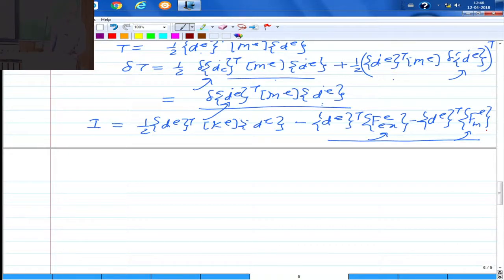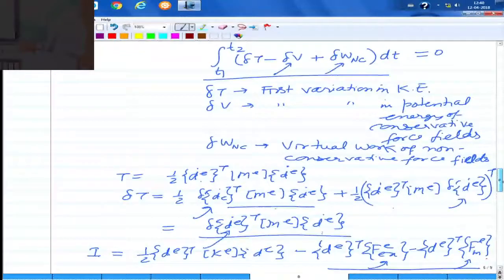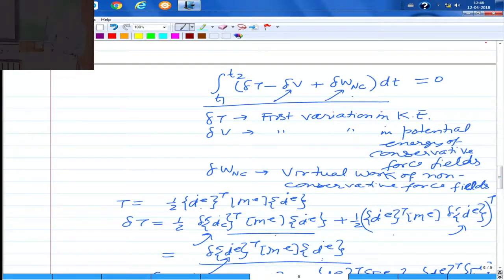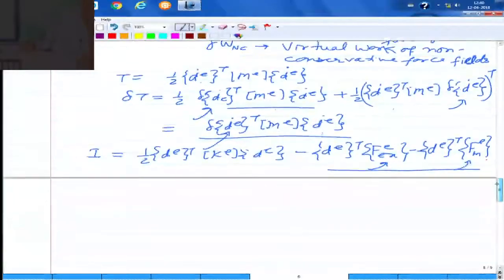Although if you treat the whole thing as V and take W nc as 0, the equation will still turn out to be the same, it's not actually consistent with what Hamilton's principle states: that what we should have here is only the potential energy of conservative forces, and this is the virtual work of non-conservative forces.